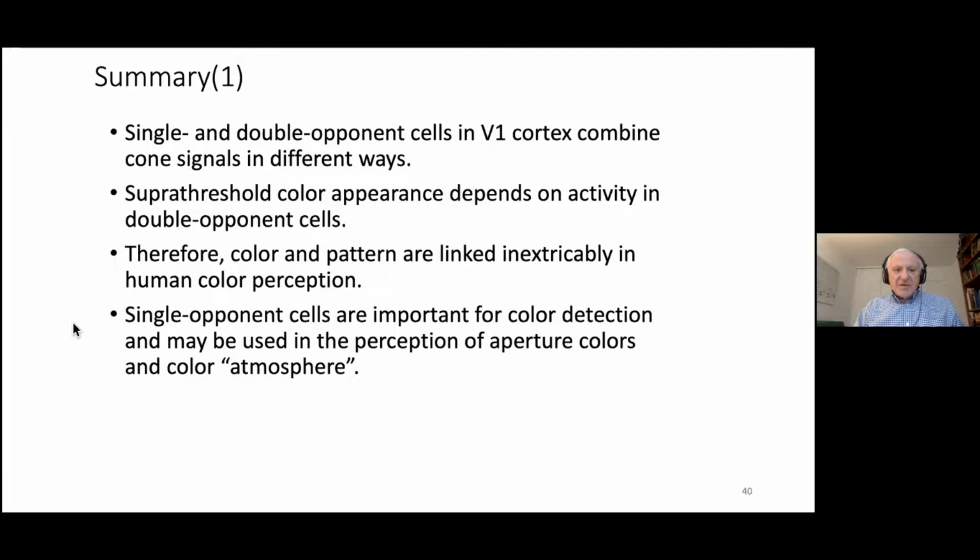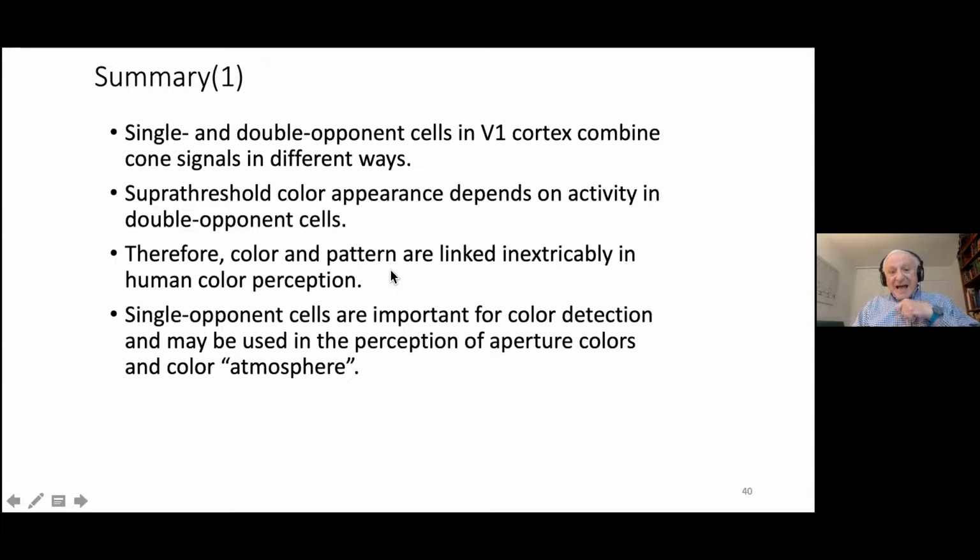Okay, so I have a summary of the visual results, which is that, as I showed you, single and double opponent cells combine cone signals in different ways. And suprathreshold color appearance, as I just showed you, depends on activity in color tuned cells, which we think are the double opponent cells in V1.